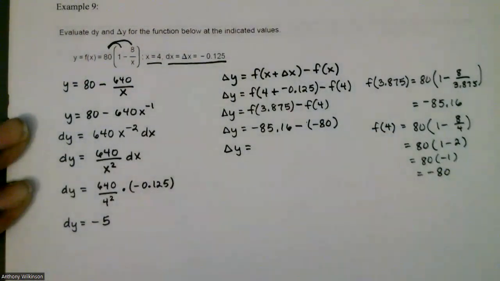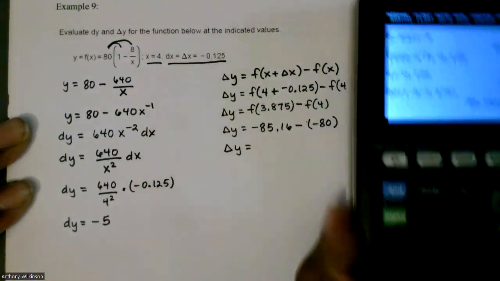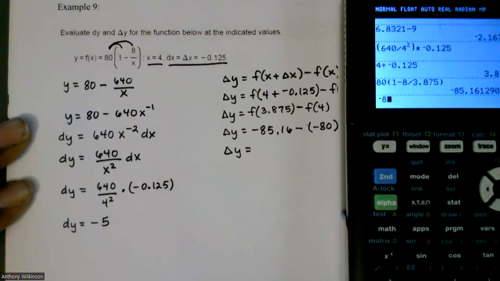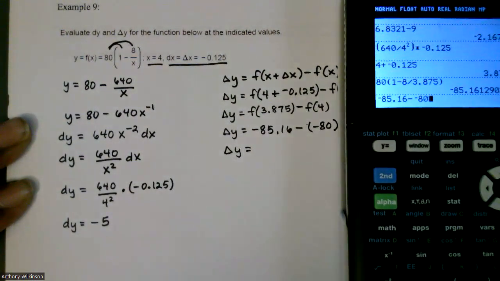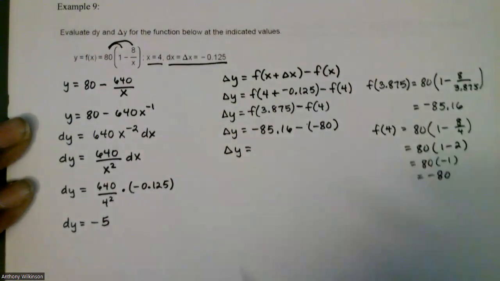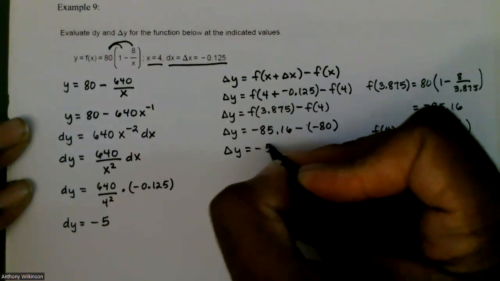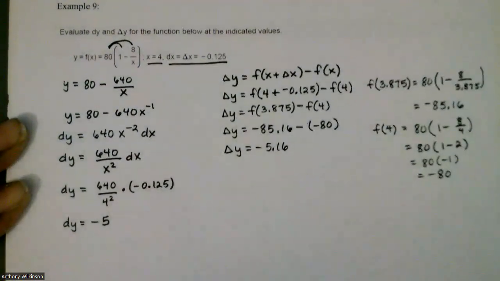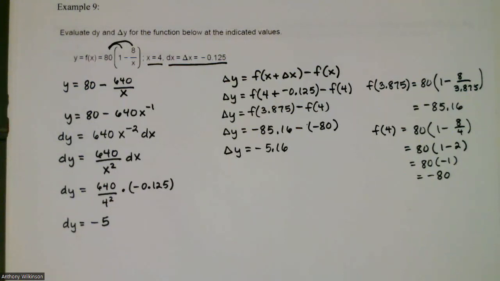So delta y will be equal to, and again, we can put this in the calculator, negative 85.16 minus negative 80, which would be negative 5.16. So delta y ends up being negative 5.16. Right? So to answer that problem, dy will be negative 5, but delta y will be negative 5.16.